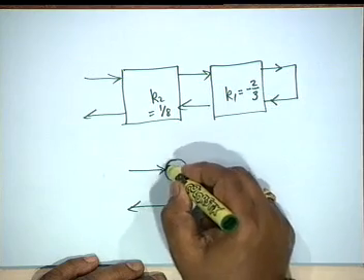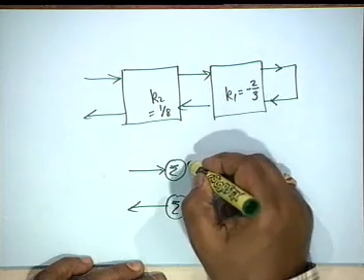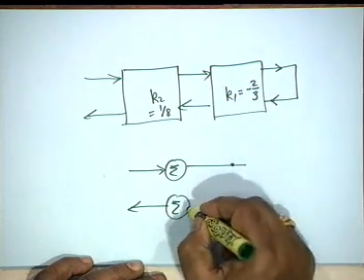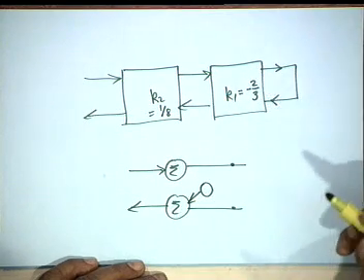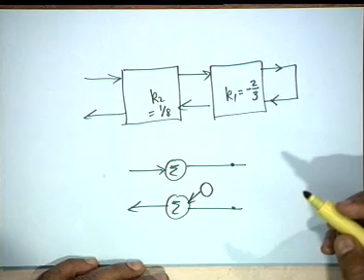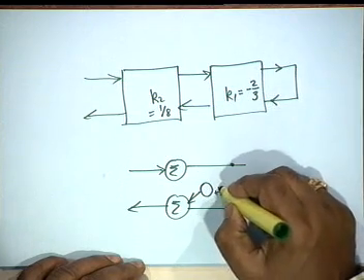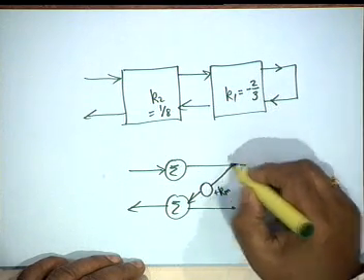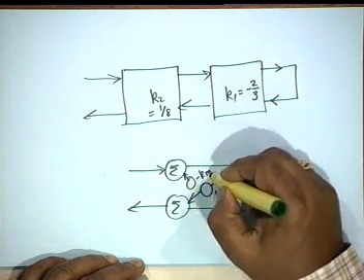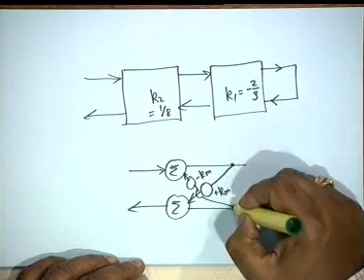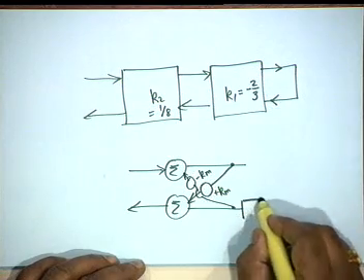you have two summers and then you have two multipliers. This is plus Km, this you must remember, plus Km in general, the mth order stage, and this one is minus Km. In addition to the lattice, you have a delay.